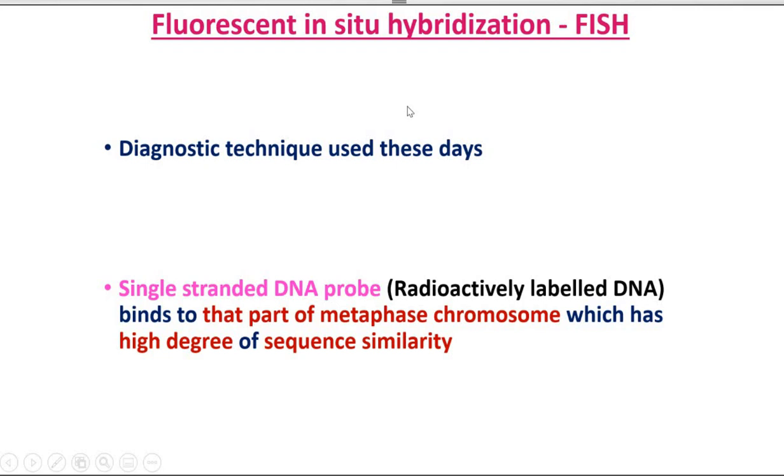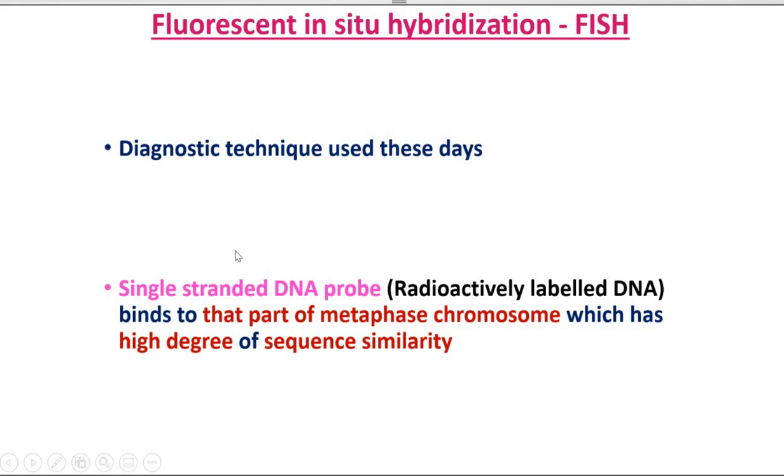Right, nowadays you use this technique, I just thought that you should be familiar. This technique started about 22 years back, so nowadays it is quite frequently used, the fluorescent in situ hybridization, that is the FISH technique, which is commonly used these days, right?